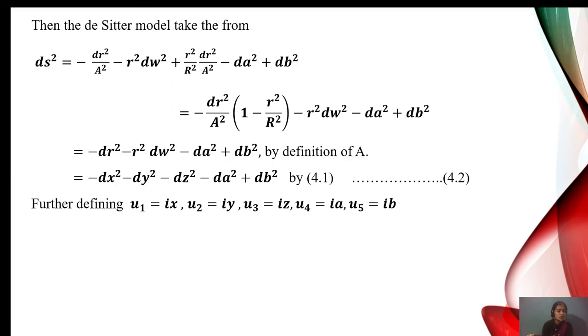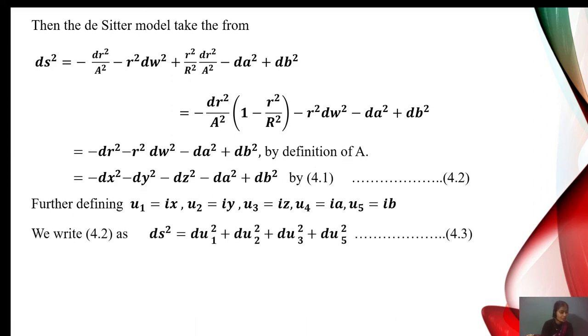Further, by definition, u1 equals ix, u2 equals iy, u3 equals iz, u4 equals ia, and u5 equals ib, imaginary numbers in all the forms. Then dA square equals du1 square plus du2 square plus du3 square plus du5 square.